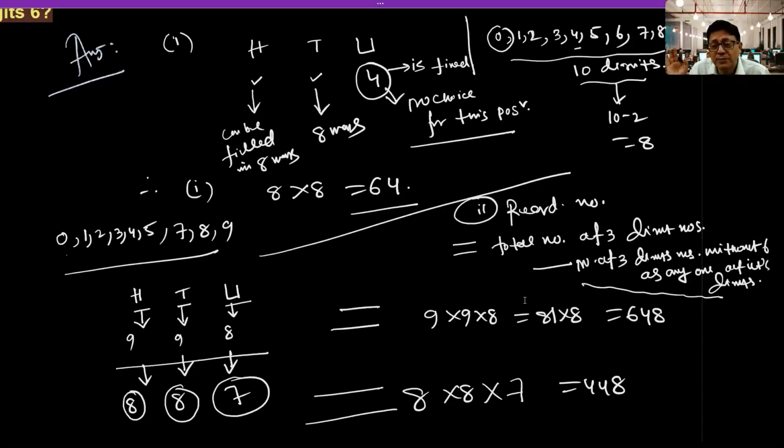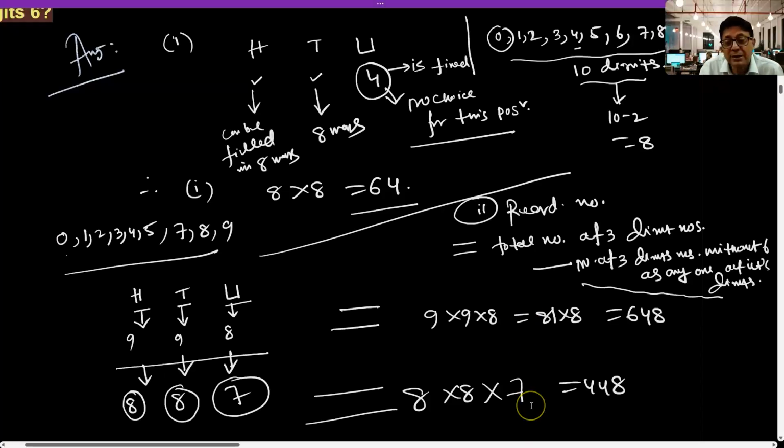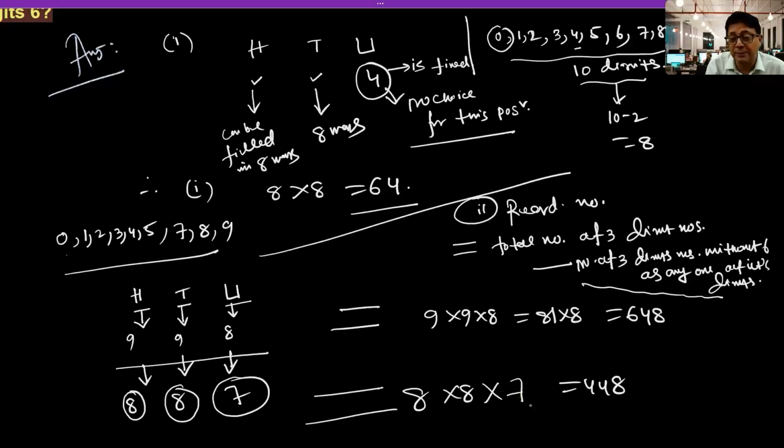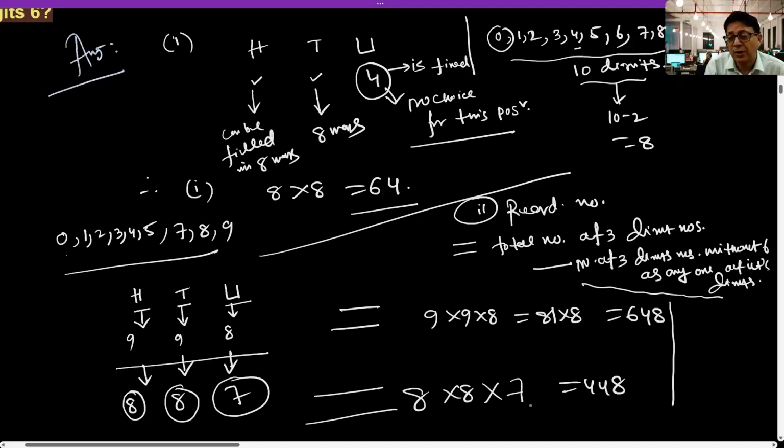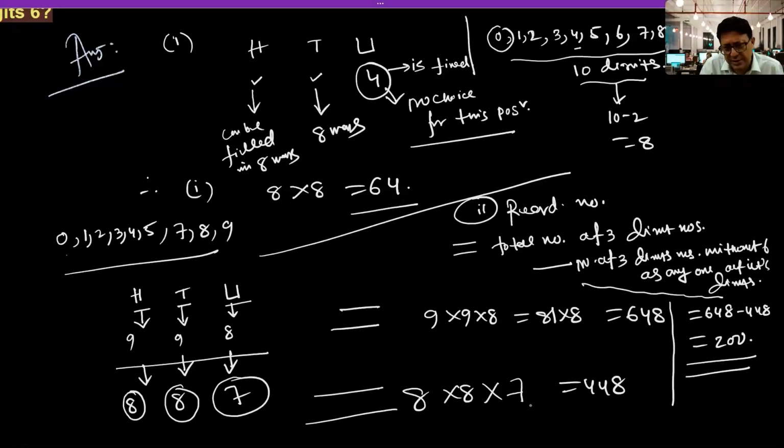Then I am going to subtract. But don't you think that there is a possibility of repetition? Okay, I am not considering repetition now. We'll do it later. Just find it in this case. So this is going to be 200. Clear? We did not consider repetition of digits. Repetition of digits, if not stated, we don't take.